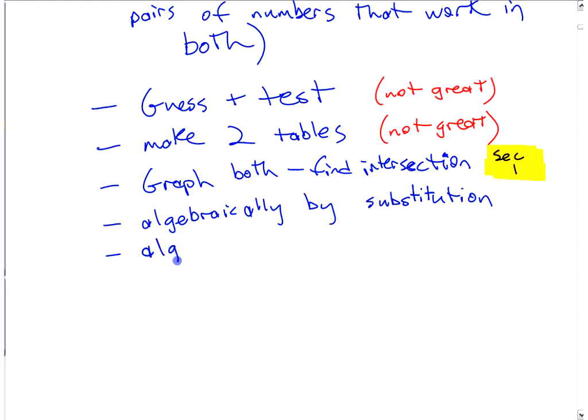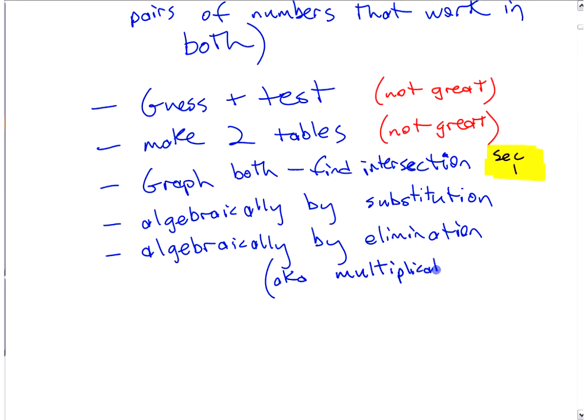And you're also going to learn to do it algebraically by what we're calling here elimination. Or what sometimes you see in some books or on the internet, let's put AKA, or multiplication addition. That's what they often call it.